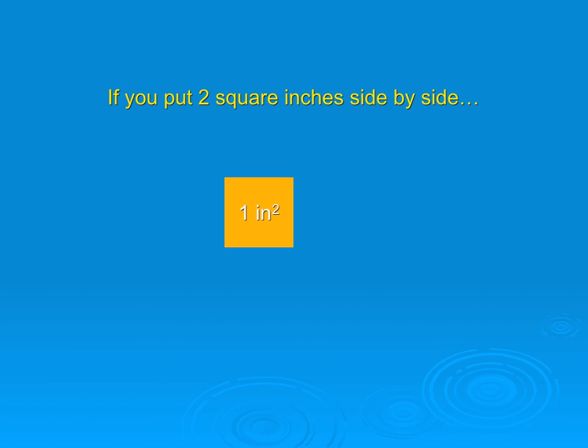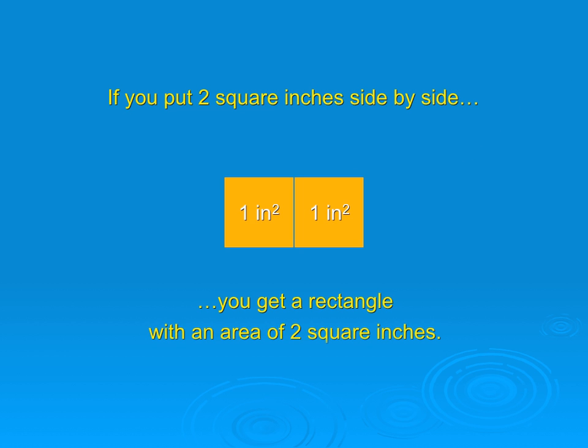If you put 2 square inches side by side, you get a rectangle with an area of 2 square inches. That's how many square inches it would take to fill that rectangular area.